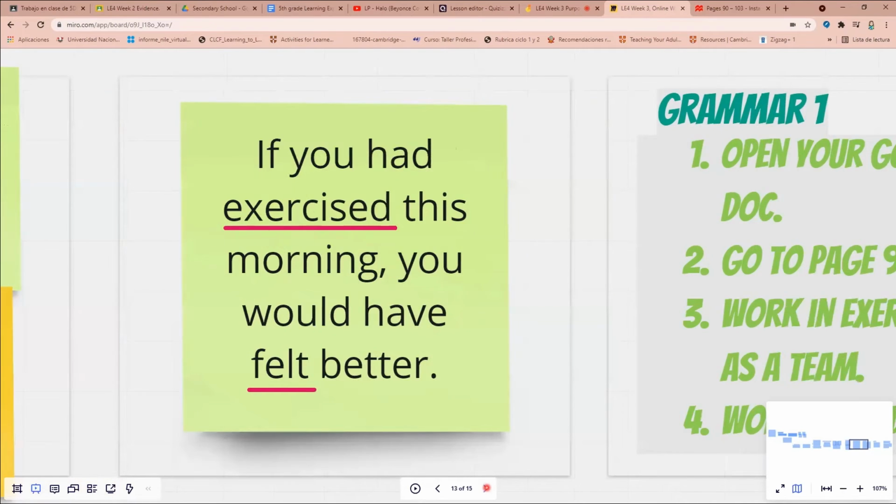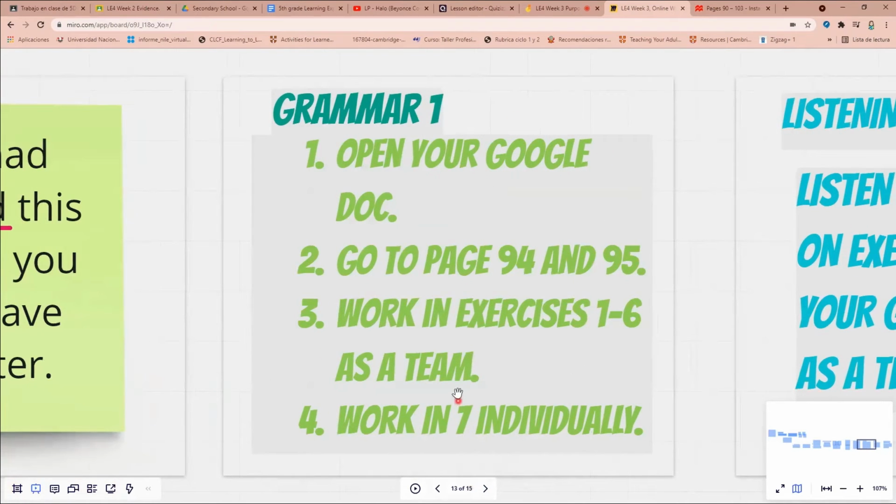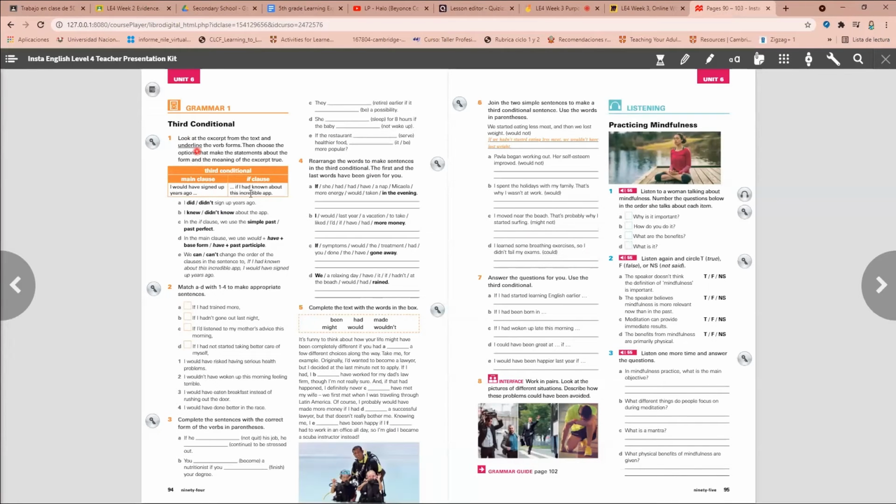Now it's time to work. Grammar 1. Open your Google Doc, go to page 94 and 95, and work on exercises 1 to 6 as a team. So you have to work on exercise 1. Here you need to underline the correct answer, like this.